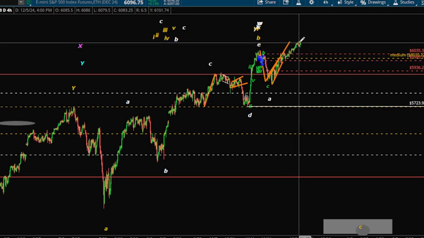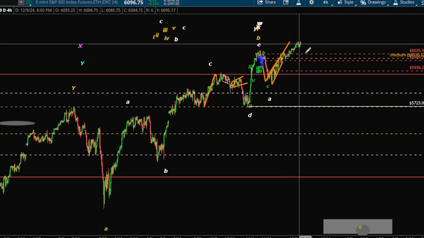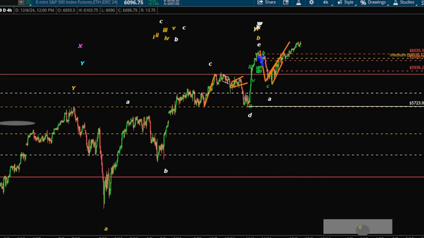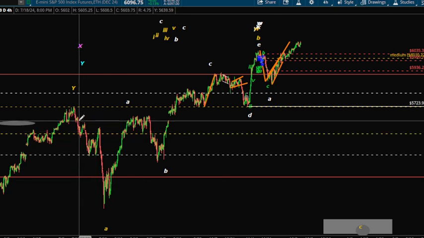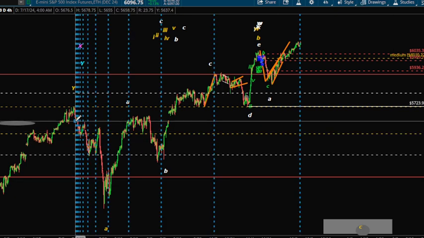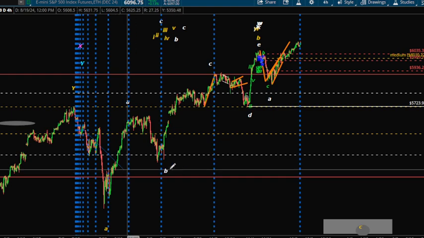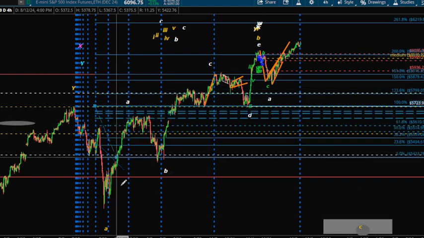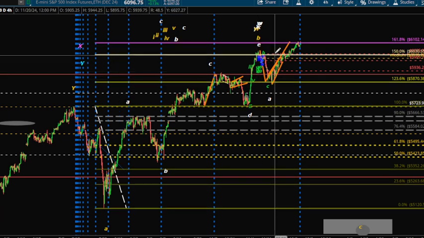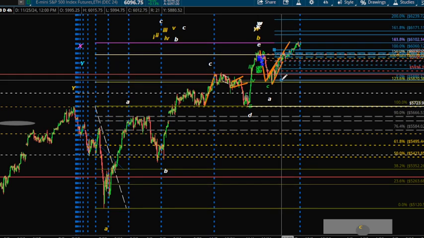Okay, so based off the time series, just to recap here. So there's our time series, and I have two overlapping fibs, one here and one here.